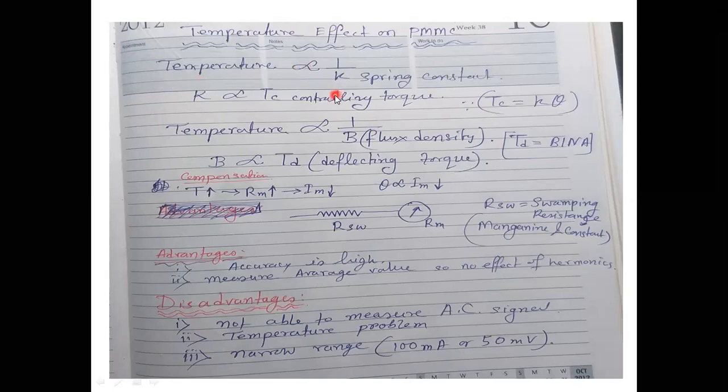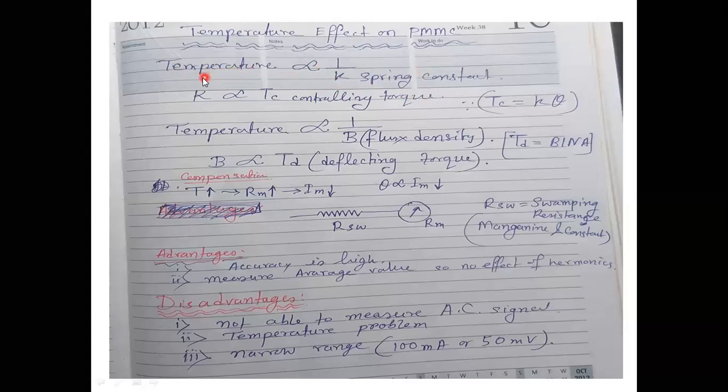Now if the temperature is raised or changed, then the spring constant may change, and the resistance of the coil will also change. These two will generally change if the temperature changes. So we need to see this relationship.